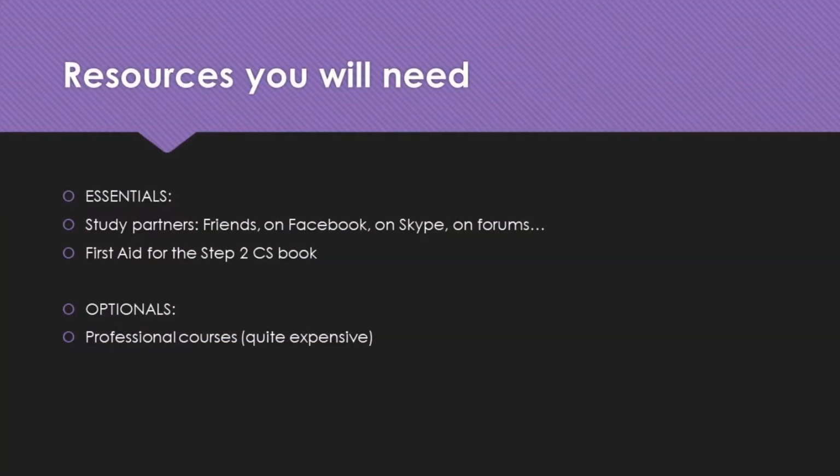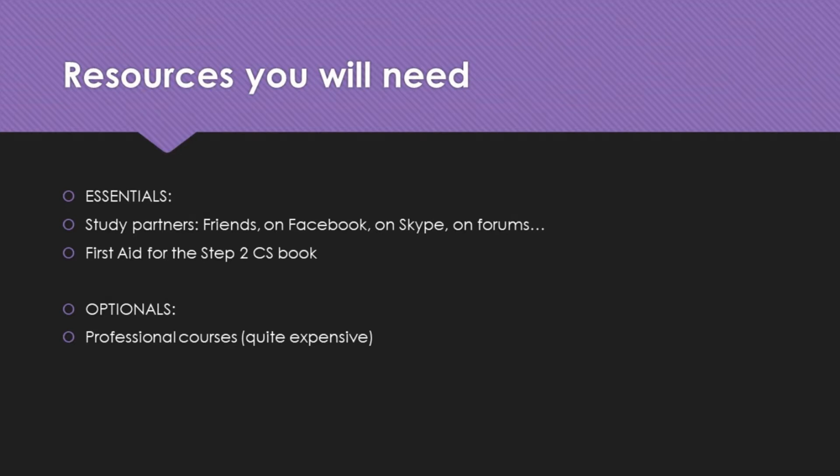How to prepare for this exam? Practice, practice, practice. Practice taking the history with a standardized patient. Practice physical examination. Practice typing the note. The only way to pass this exam is to practice. The resources you'll need is somebody who can act like a standardized patient.